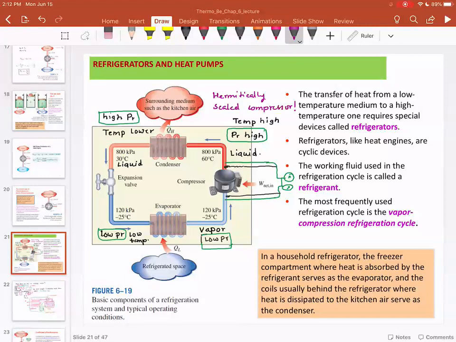Because think about it, we are at 800 kilopascal, which is 8 bar, which is 8 times the atmospheric pressure. So that's a very high pressure to deal with. On the other hand, we are also at 120 kilopascal, which is 1.2 bar, which is again quite a high pressure compared to the atmospheric pressure.